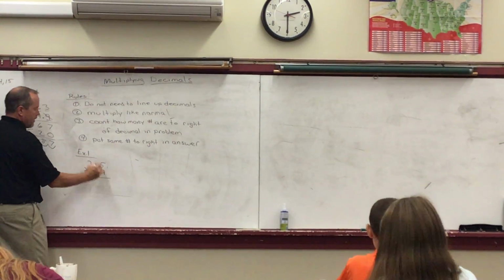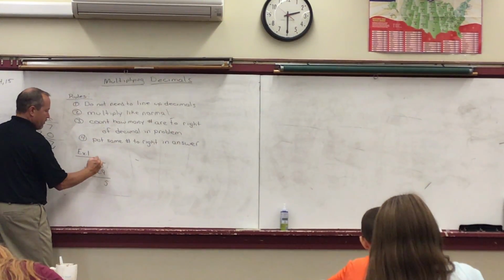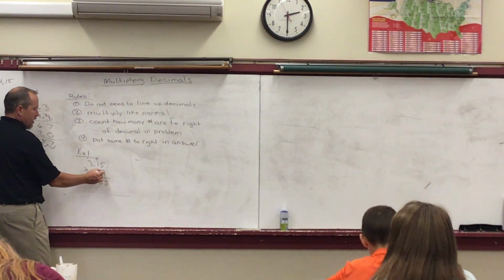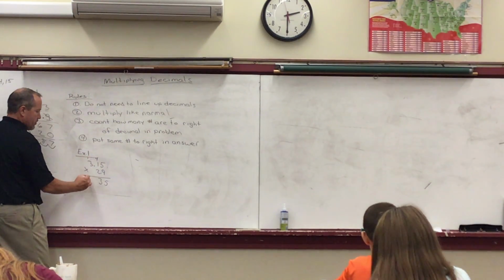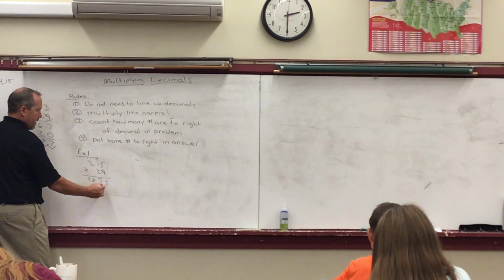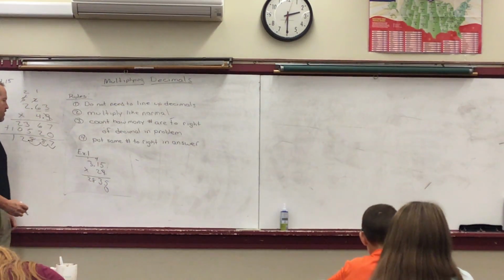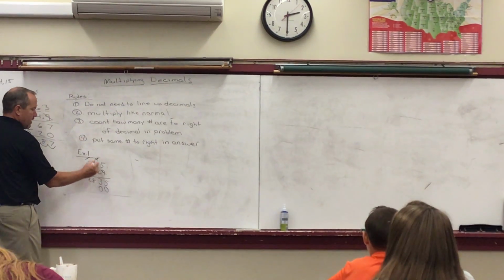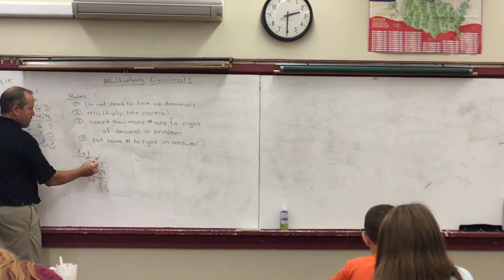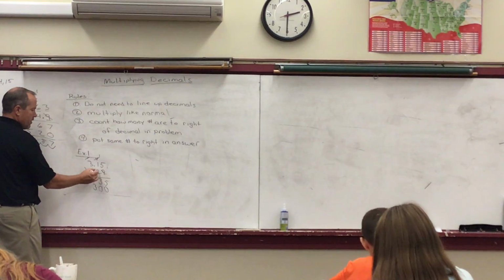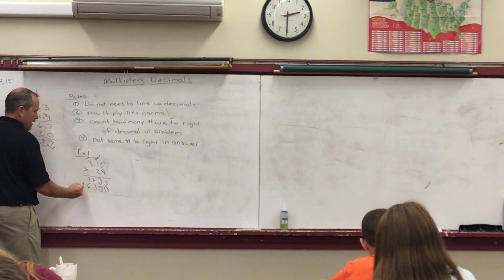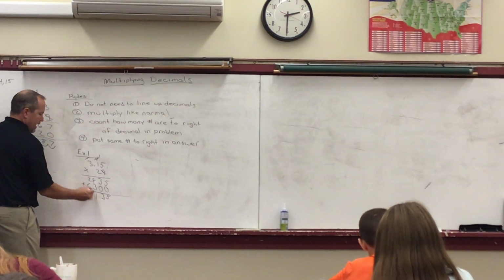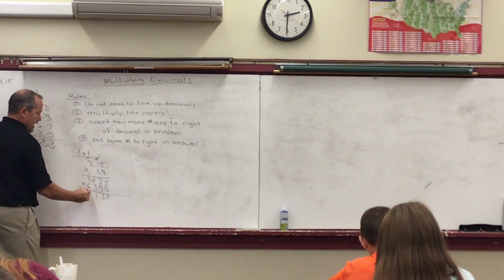So, 9 times 5 is 45, carry the 4, 9 times 1 is 9, and 4 is 13, carry the 1, 9 times 3 is 27, and 1 is 28. We cross out that 9, put a 0 down in its place, cross out this 4 and the 1, 2 times 5 is 10, carry the 1, 2 times 1 is 2, and 1 is 3, 2 times 3 is 6, add them up, 5, 3, 11, carry the 1, 8 and 1 is 9.